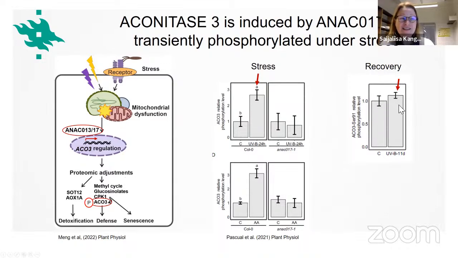So there is no longer any difference in the phosphorylation level of aconitase 3 11 days after the recovery period in wild-type plants. So aconitase 3 is really transiently phosphorylated. It is absolutely necessary for the plant to cope with the oxidative stress condition, but then it has to be dephosphorylated to allow full recovery of the plants.